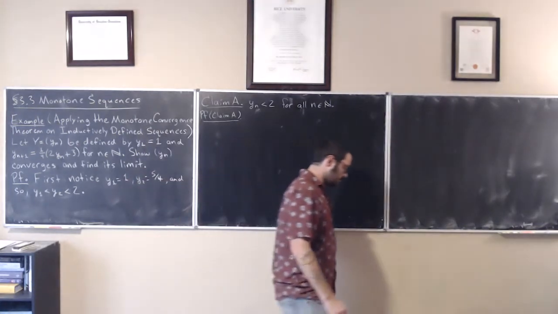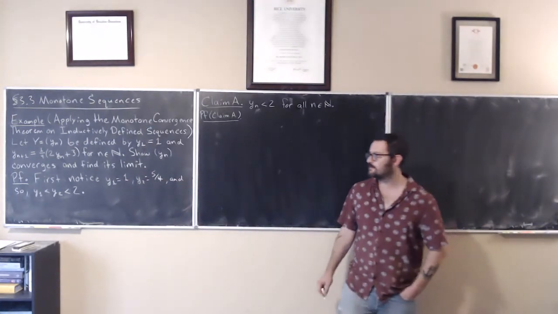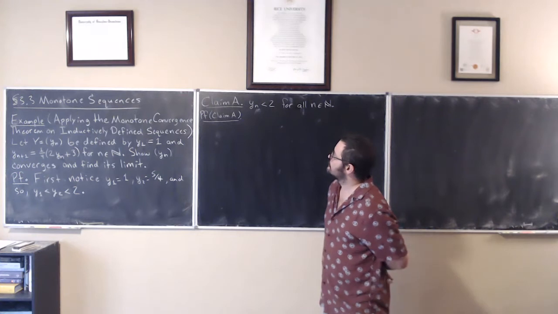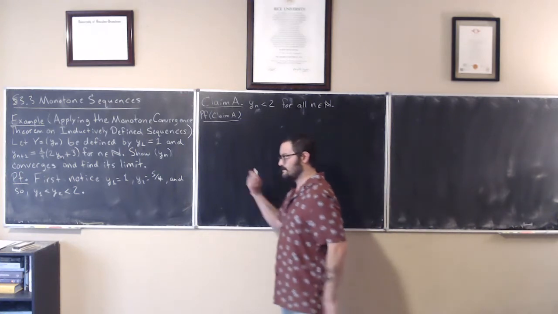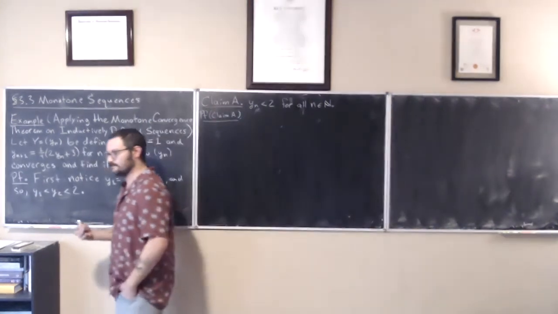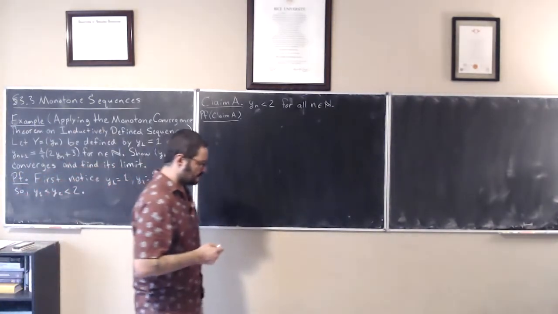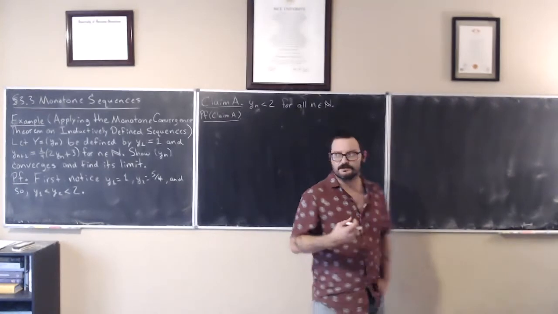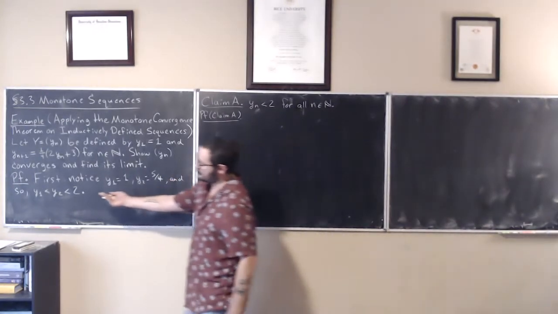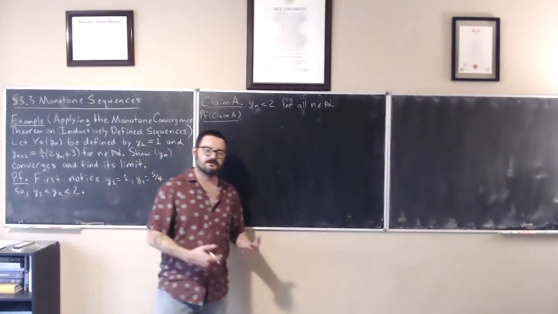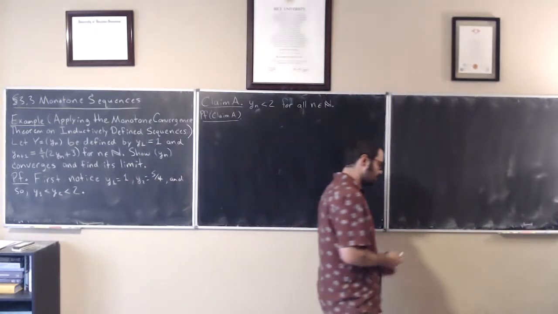So the way that your textbook shows the boundedness of this sequence is by induction, and I would assume that a lot of textbooks would do it by induction. It's kind of a standard thing to do. You automatically have a base case here, and then you can somehow use that to get the boundedness of the sequence.